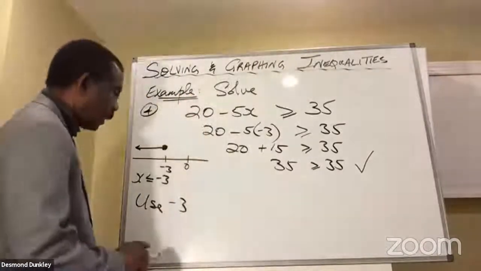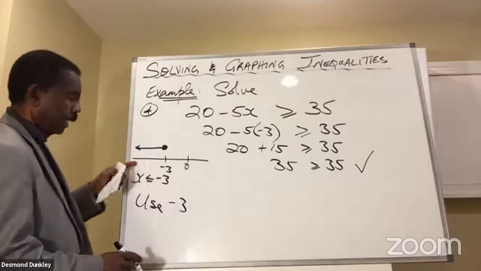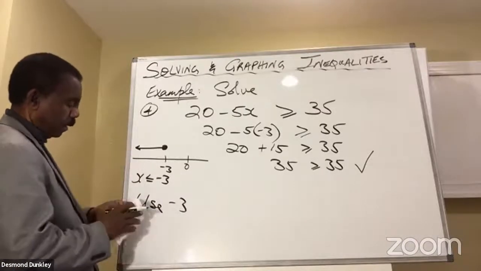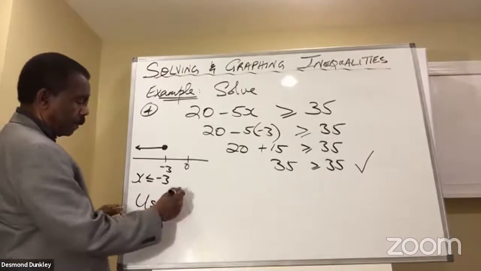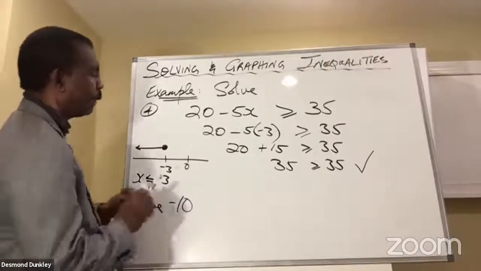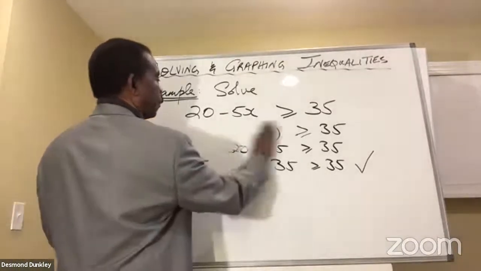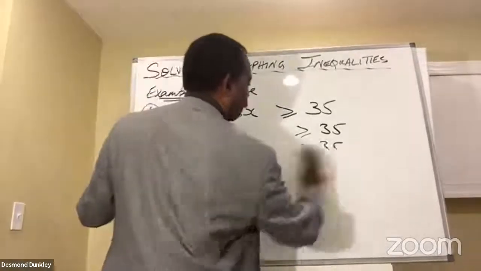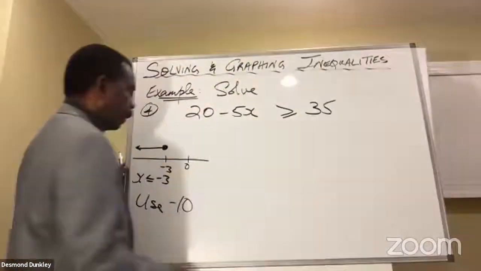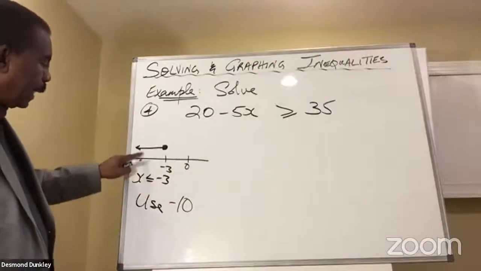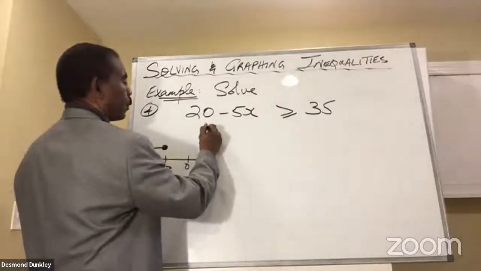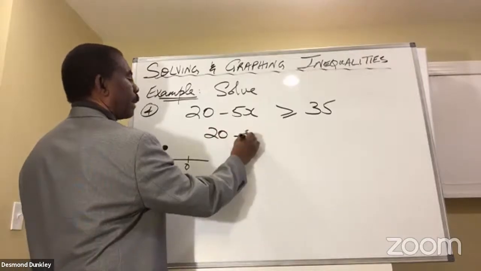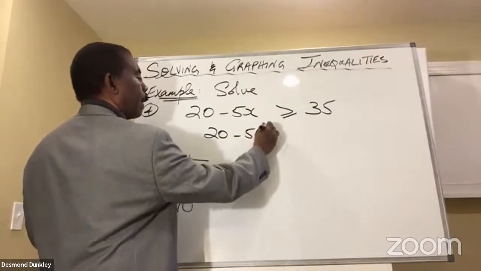Okay. Let's try a number that's less than negative 3, and that should work. Let's try negative 10 and see what happens. Negative 10 is less than negative 3, so it should definitely work. Here we go. 20 minus 5 times negative 10.